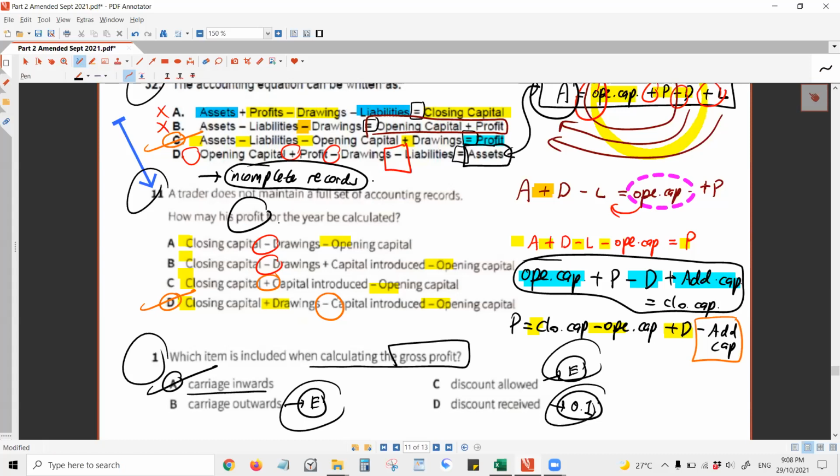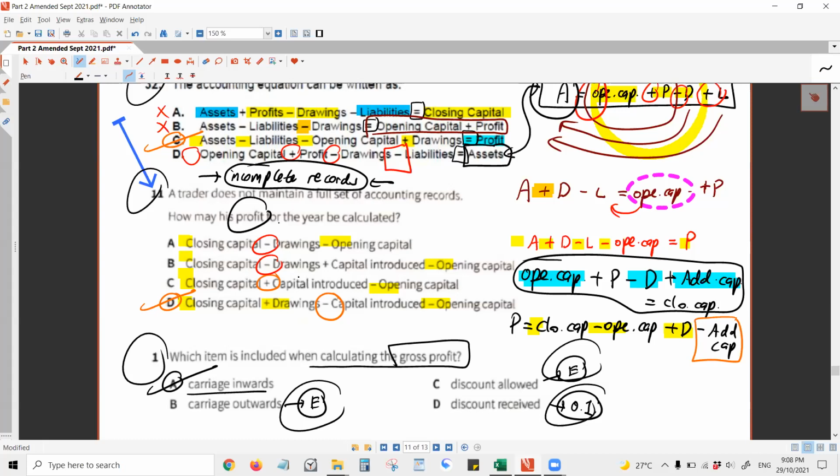But if you go through all the chapters in my books, I don't have this topic, because I don't see that it is necessary. It's basically a bit here and there from certain topics, combined into one single topic. But whenever there is a need to learn something from incomplete records, like here, then I would mention it. Don't worry, my materials are complete with all the things you need to know. So this is how you solve it, finding the missing figure.